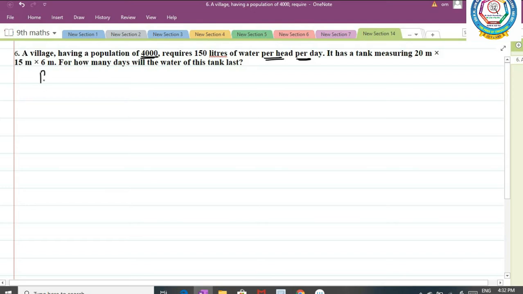First we have to find out the requirement of water for 4,000 people. So requirement of water per head per day is equal to 150 liter.